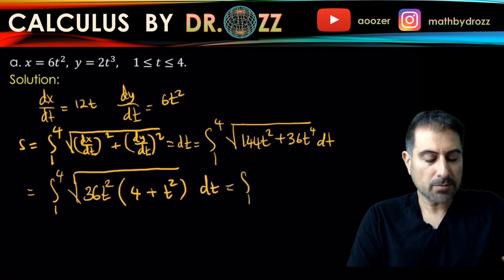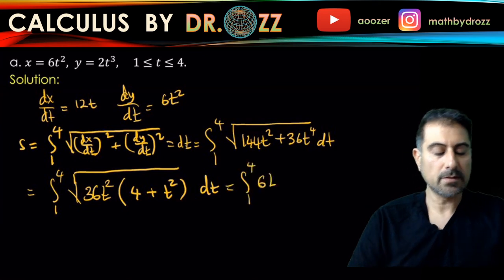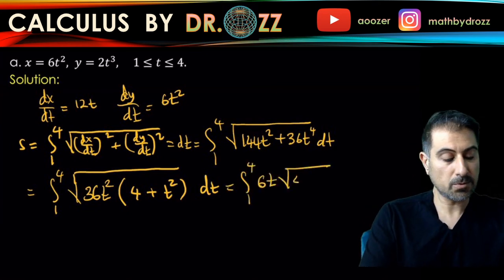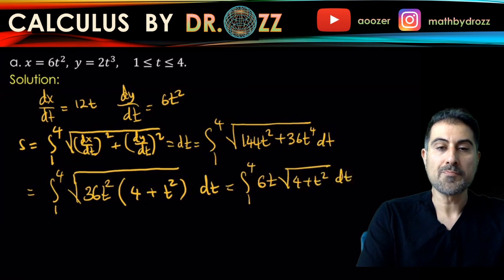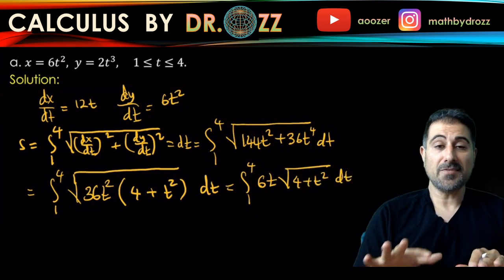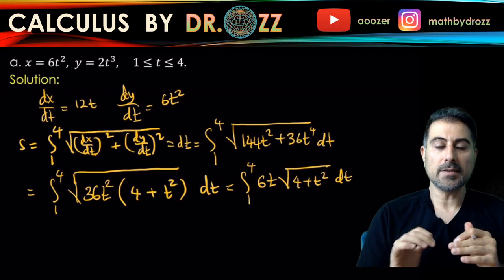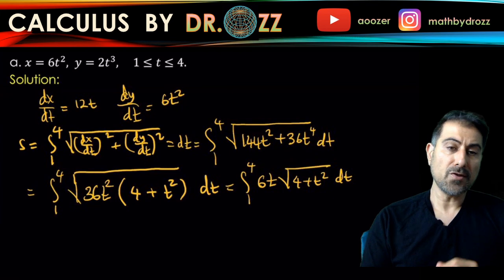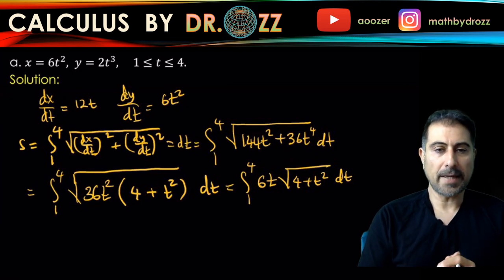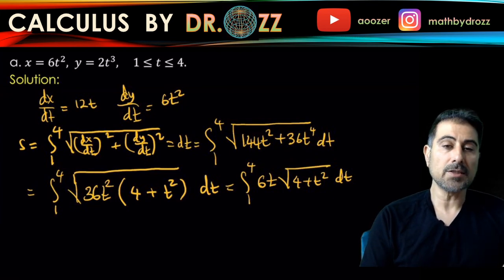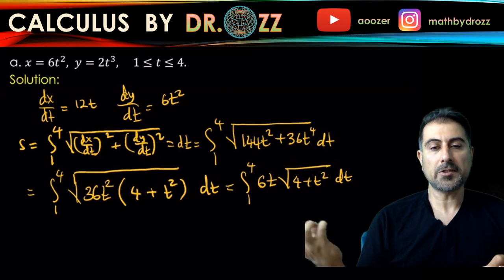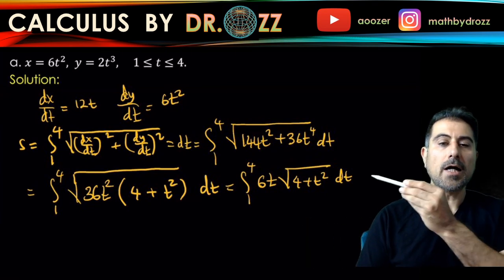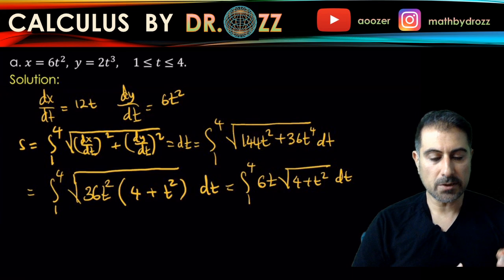And now I'm down to the integral of 6t times the radical of 4 plus t squared, dt. At this moment, you can pause the video and check what the best strategy is to handle this integration. But I think u substitution is the best here, because if you call what's inside the radical u, you have a t-related term outside the radical, so it could be easier to handle that.